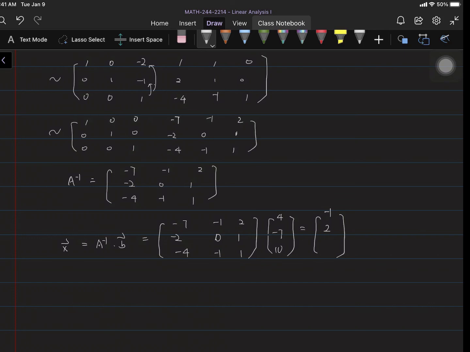The last number, -16 plus 7 plus 10. So this number should be -6 plus 7 should be 1. Is that right? Yeah, that's the solution. So here is how we find our solution.